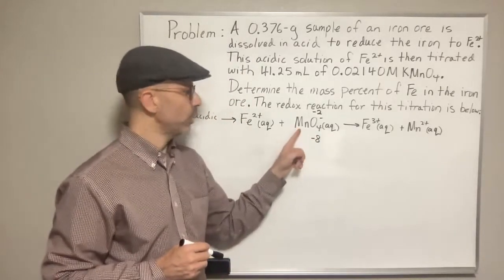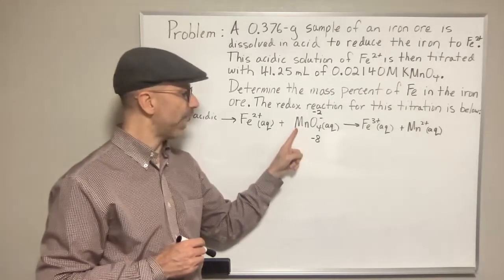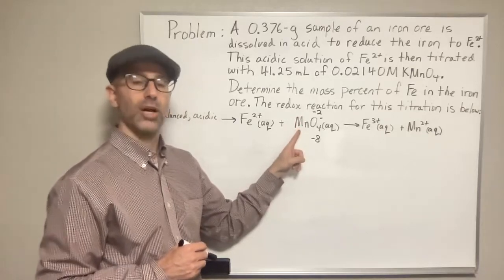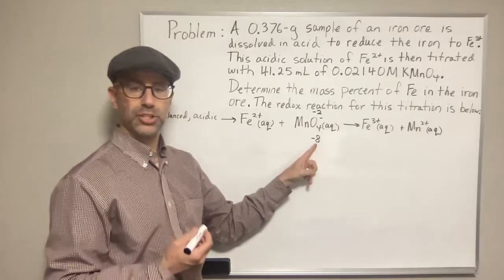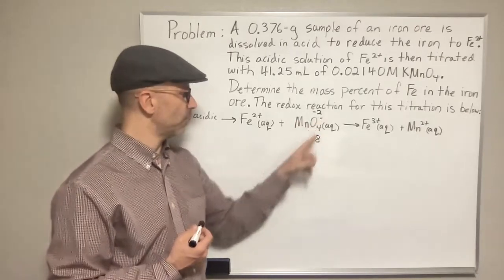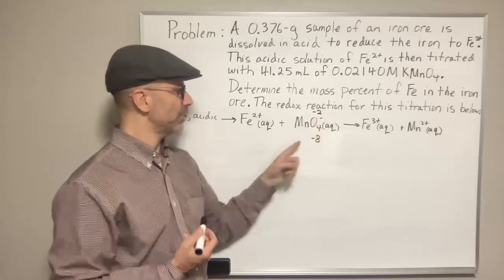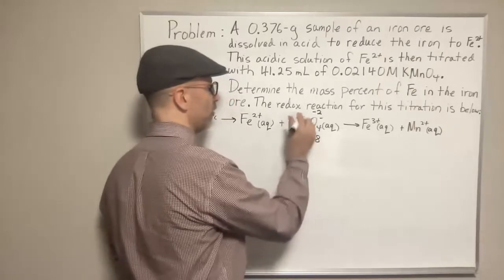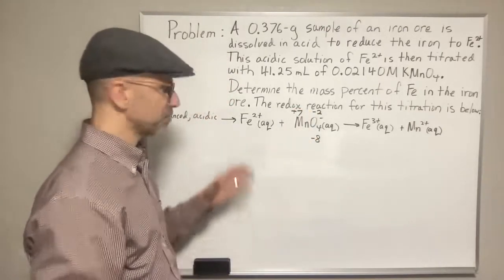Whatever the oxidation state of your manganese, it has to be such that the oxidation state of the manganese plus the oxidation states of your 4 oxygens add up to -1. So what plus -8 gives you -1? It's going to be +7. So that means the one manganese here has a +7 oxidation state.